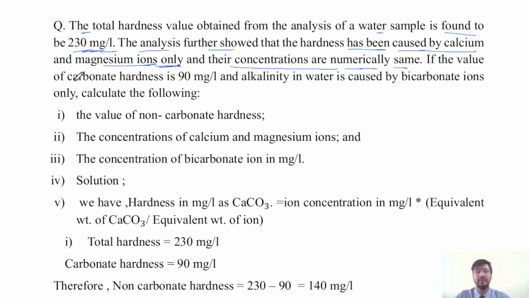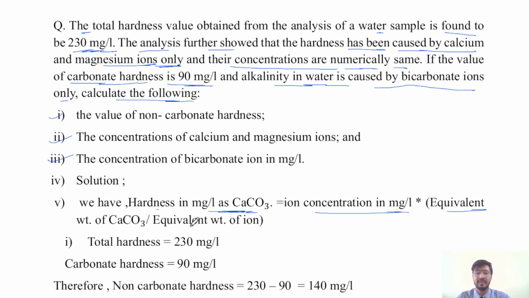If the value of carbonate hardness is 90 milligram per liter and alkalinity in water is caused by bicarbonate ion only, calculate the following: the value of non-carbonate hardness, the concentration of calcium and magnesium ions, and the concentration of bicarbonate ions.